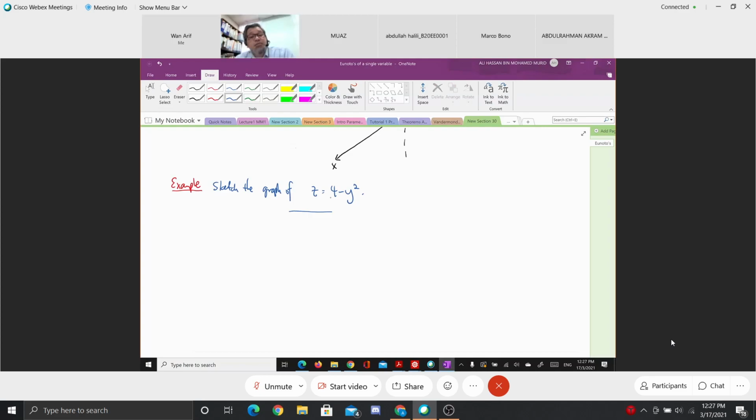But you must still regard this as a function of two variables. It is independent of x. Think of this as a function of two variables, x and y.